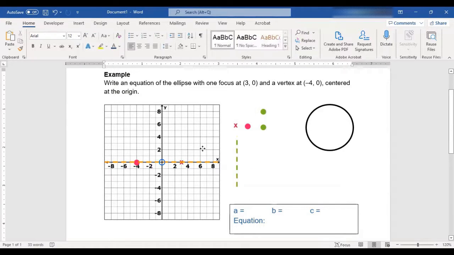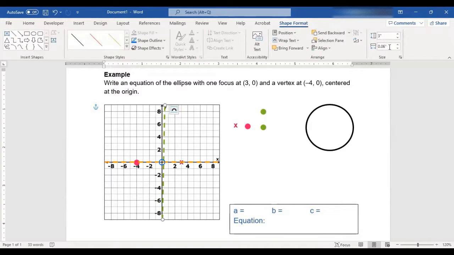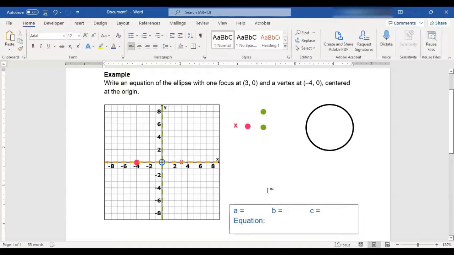So the minor axis is going to go along the y-axis. So I'm just going to sketch these out here. What is going on with this line today? Microsoft Word. There we go. All right, so we've got our axes sketched and some of the components.